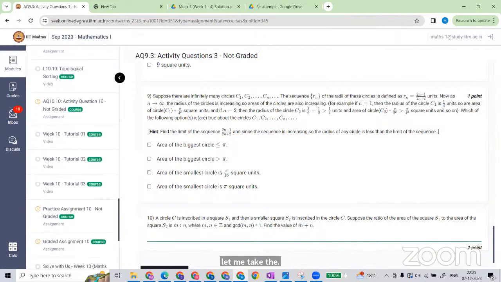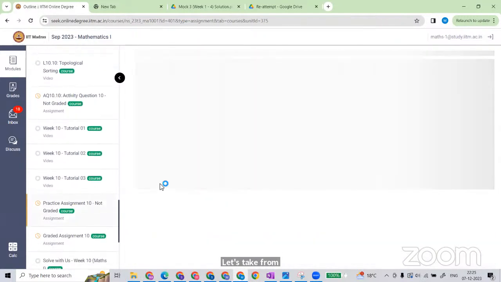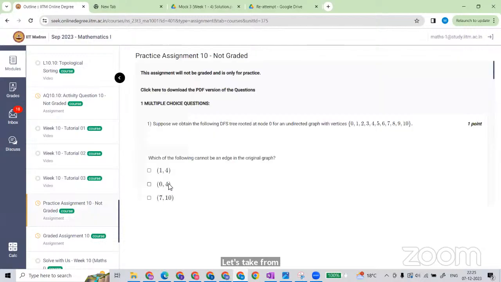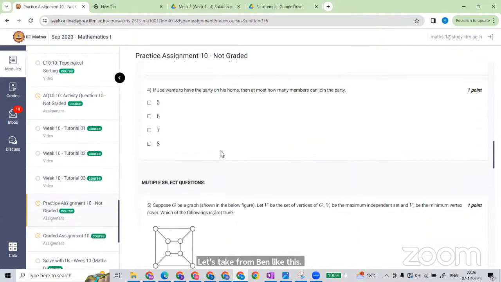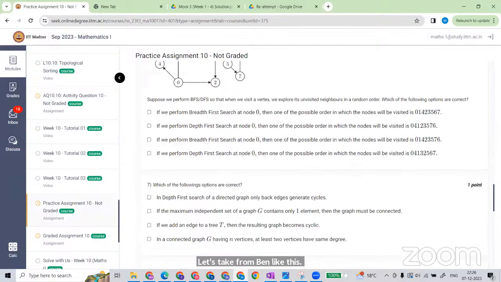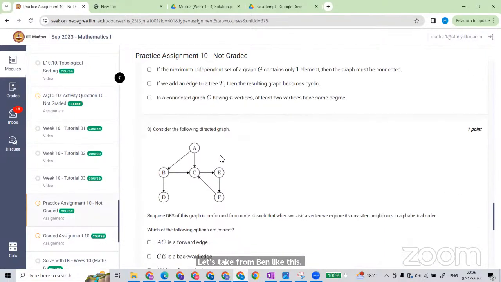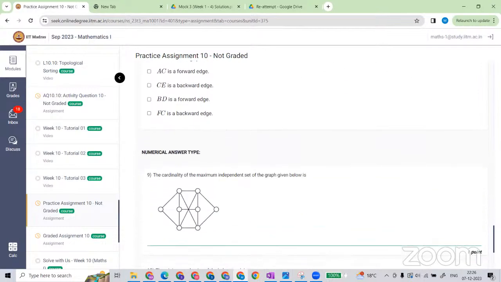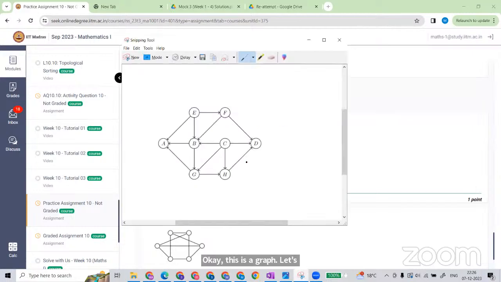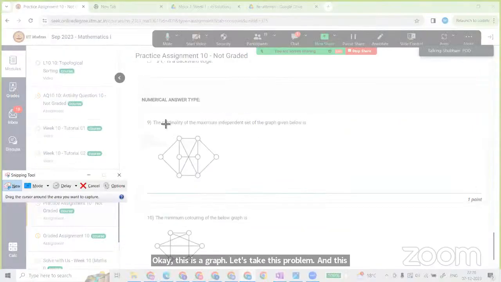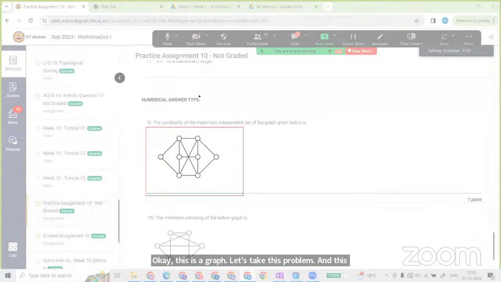Let's take one from practice. Okay, this is a graph. Let's check this problem. And this is not on BFS and DFS. It is from independent.